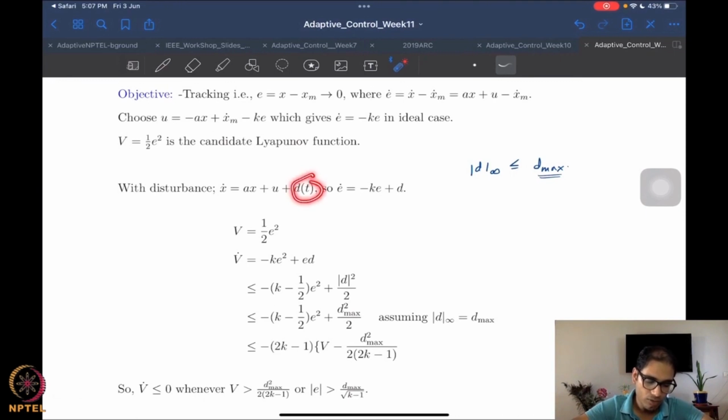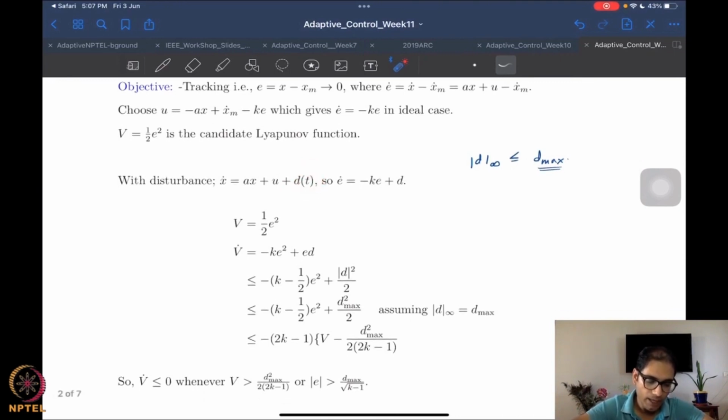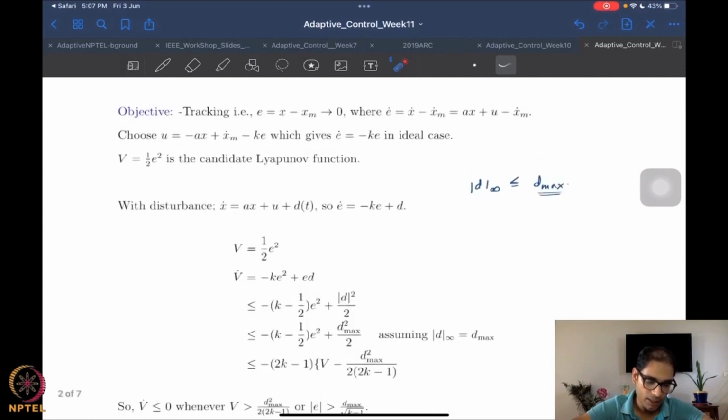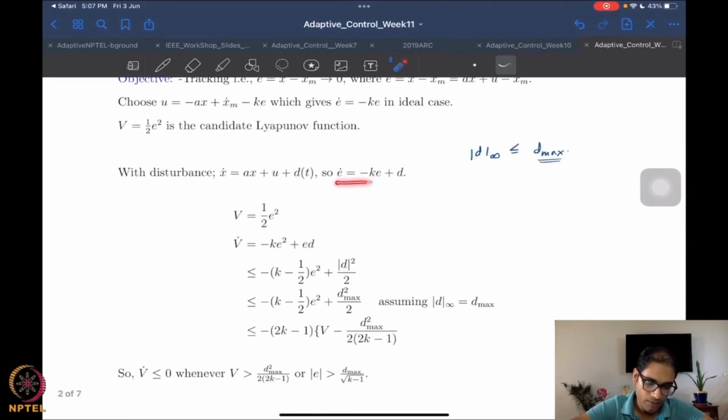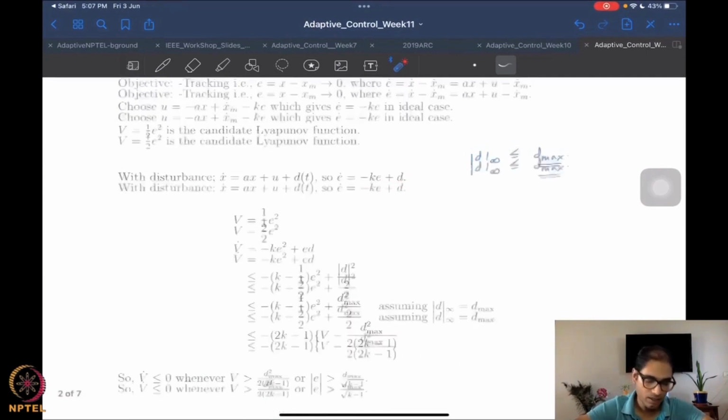D is not known. So my error dynamics is no longer e dot is minus ke, because I could not cancel the d term. Therefore, e dot became minus ke plus d.